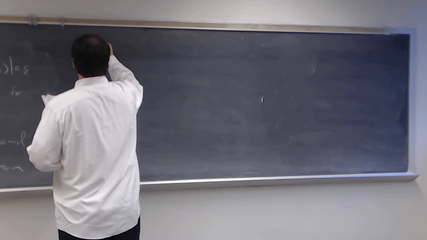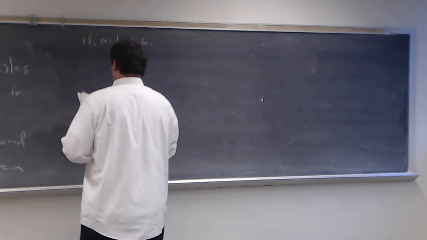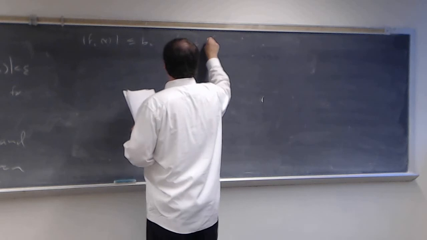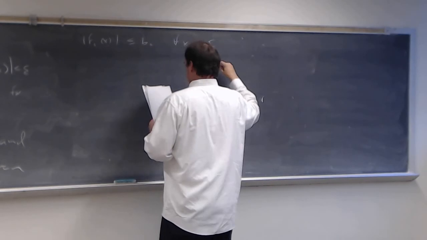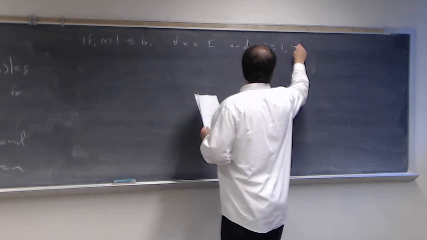Well, we have at this stage that the absolute value of f sub i of x is less than or equal to b sub i, and that's true for every x element of E, and for all the i's equal 1, 2, 3, and so on.